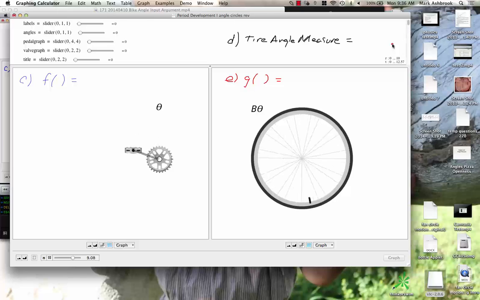Okay, does what you're seeing here on the screen agree with what you're reading?